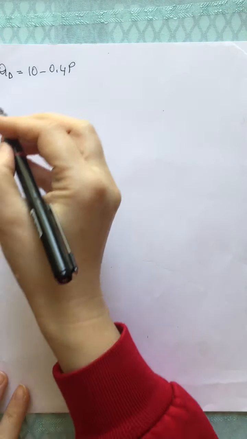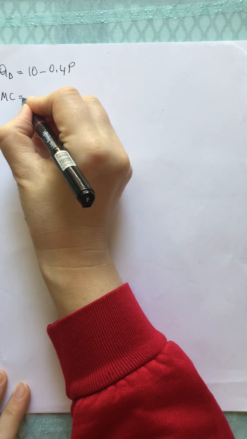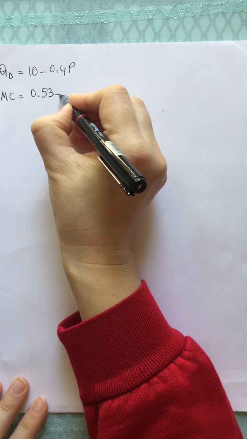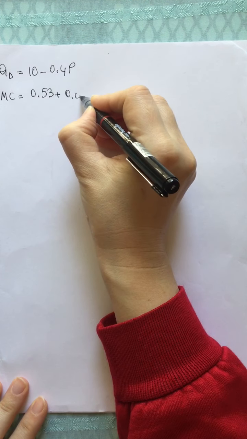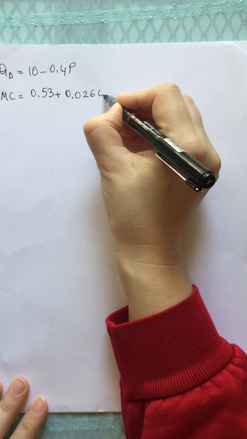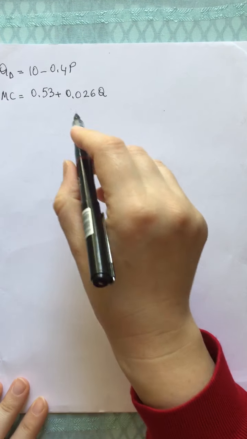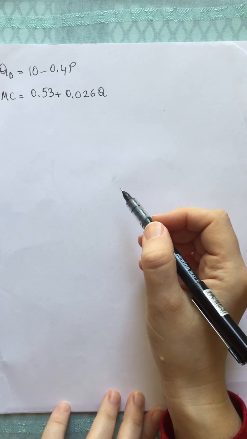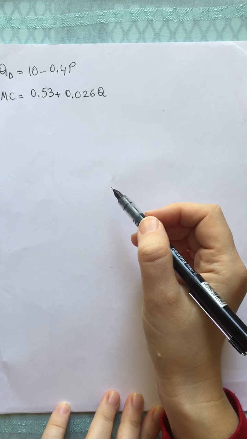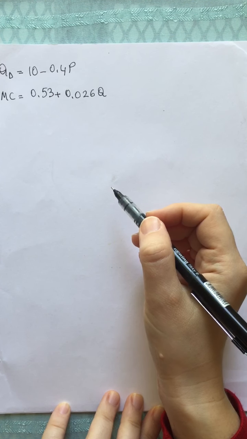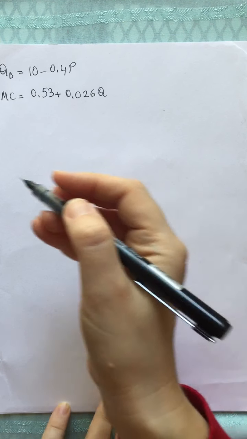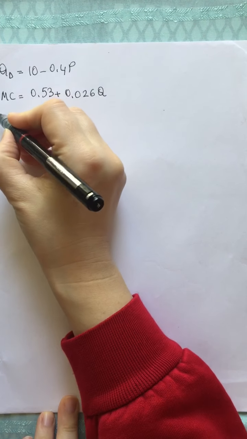Silverscreen's marginal cost curve is MC equal to 0.53 plus 0.026Q. Please try to see that the marginal cost function is a positively sloped linear function, not U-shaped. For simplification in this question, we generally use positively sloped linear marginal cost functions. And the question: determine Silverscreen's profit maximizing price.